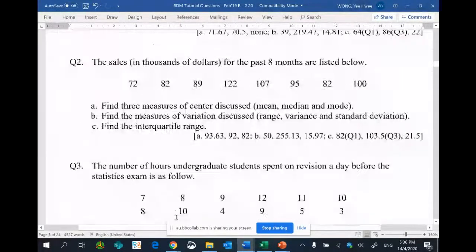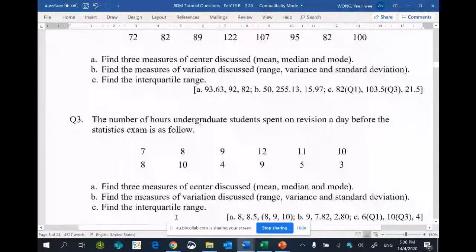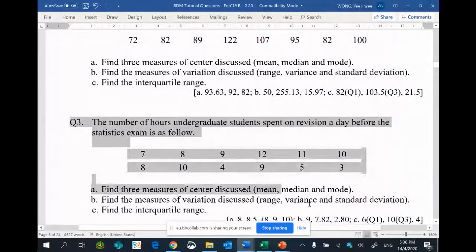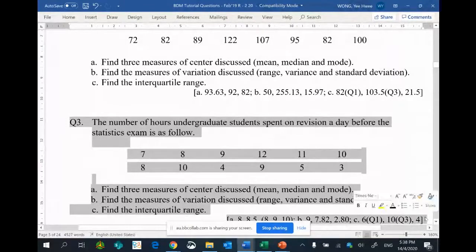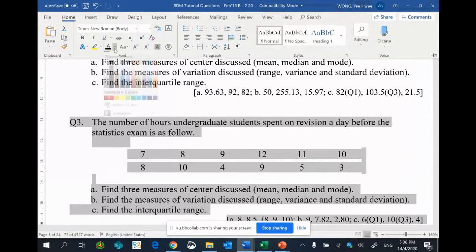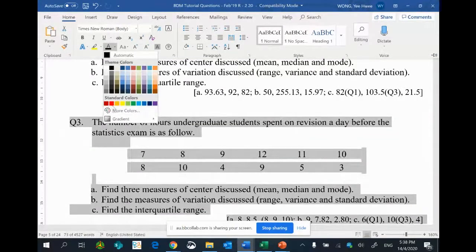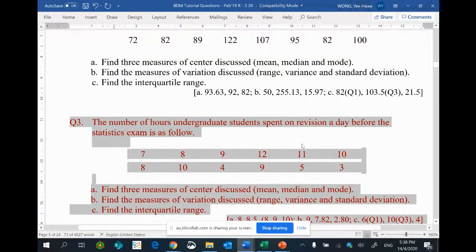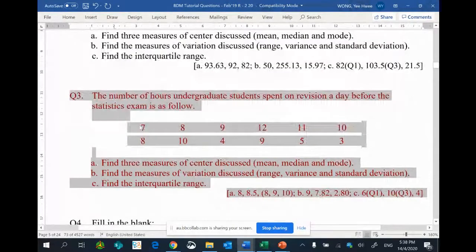Look at question number 3. They look the same. I just highlighted it in brown.